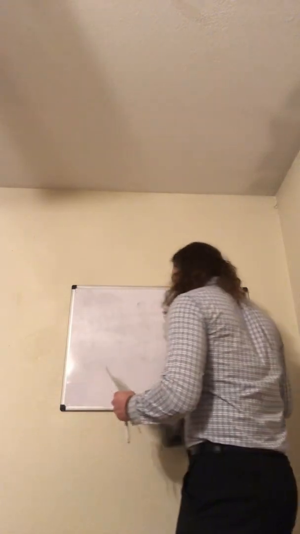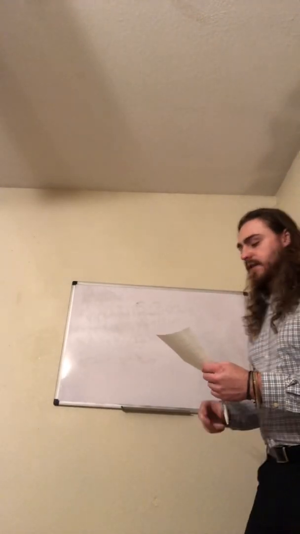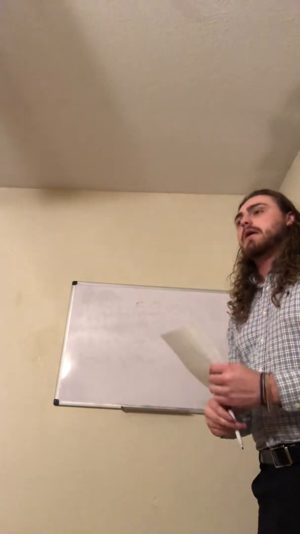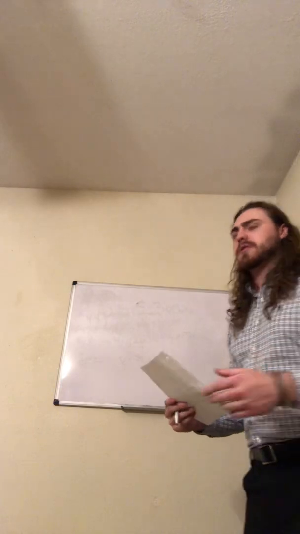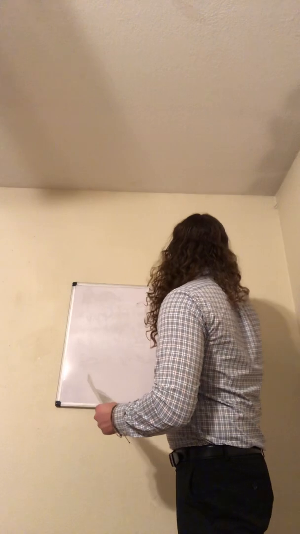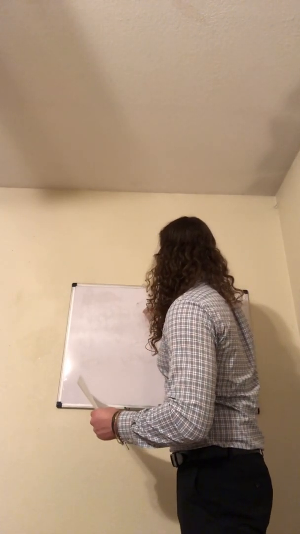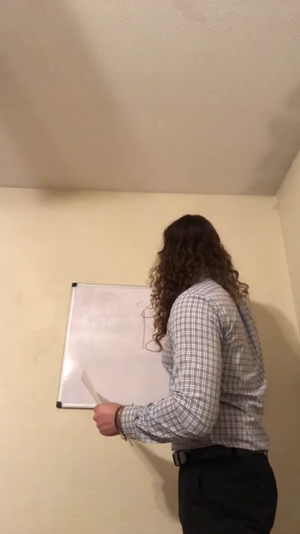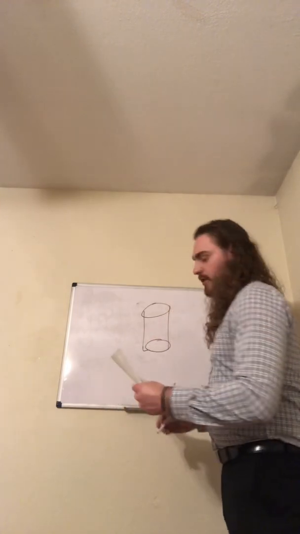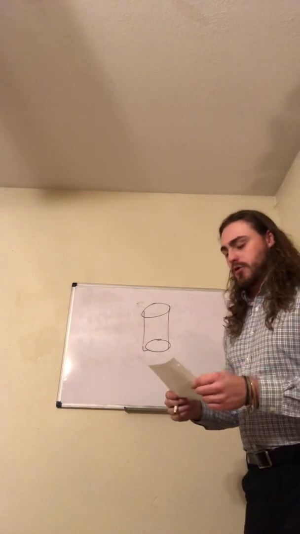Now I went ahead and plugged the variables into that equation for you guys. But in the future, I ask that you take the initiative to do that, because you do know what the variables stand for. You guys are familiar with that. So we'll move on. If I give you a right circular cylinder, sorry, that's not a great drawing, but I'm trying to hurry through these so we can get to our drill.